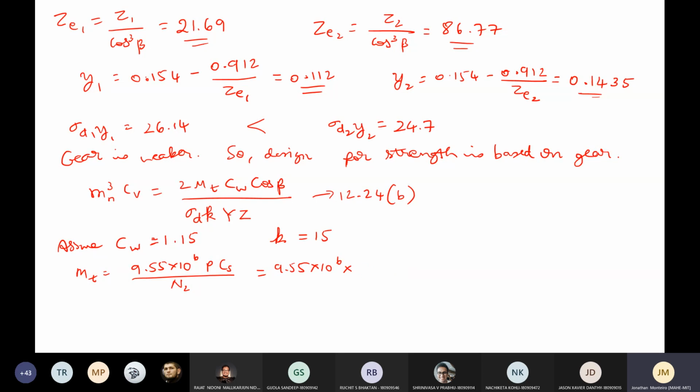The power was 15 kilowatts, 1.5 is the service factor, and N2 is 2,500. That gives 85950.